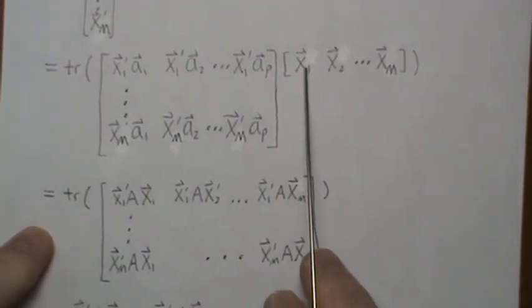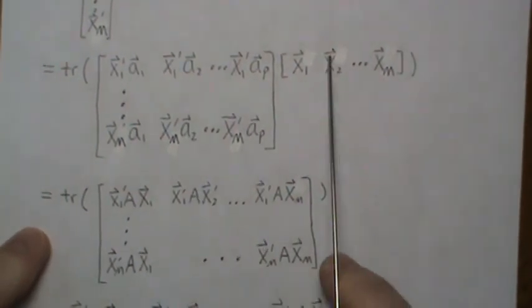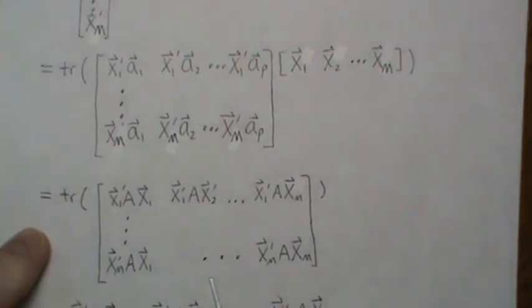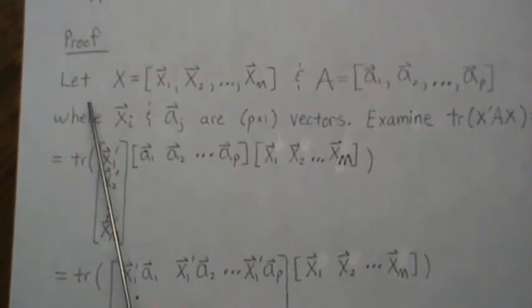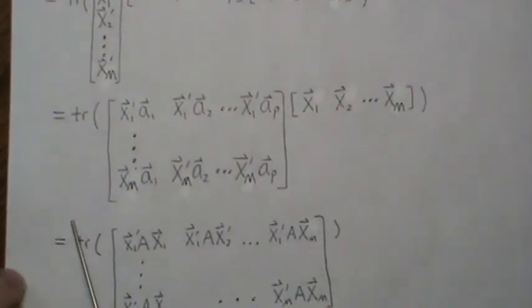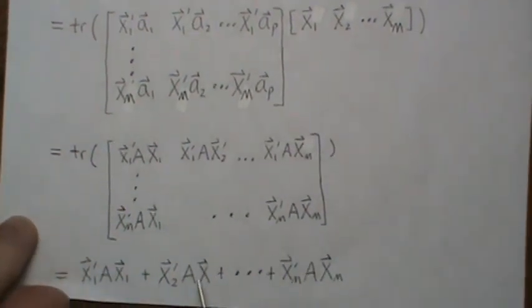So this piece times this first one is this, and then this times this row is this, and we go. But we're interested in the trace. Now, each time we bring down the trace, and what is the trace of this matrix? That says add up the diagonal elements.